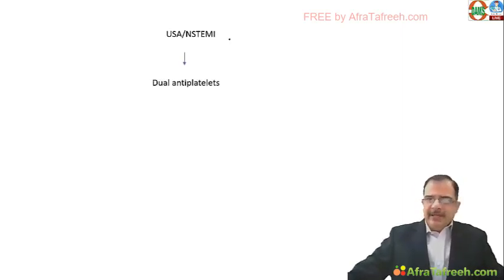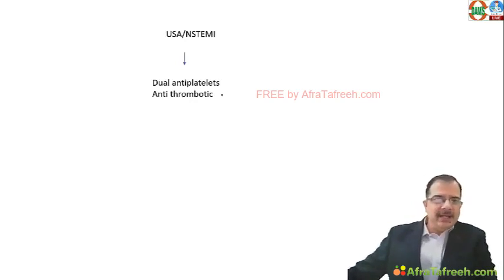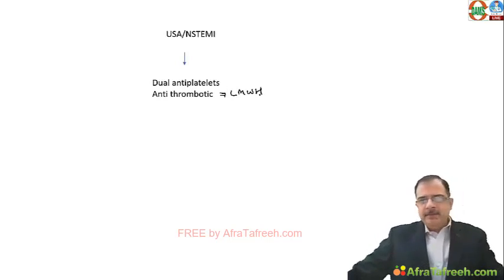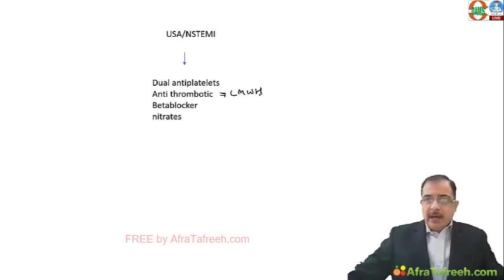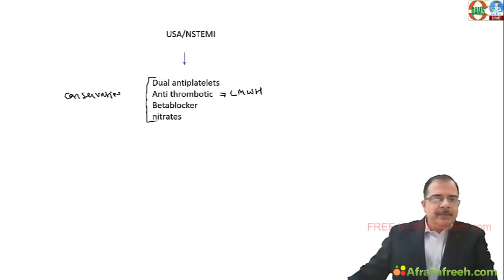So we give 4 agents simultaneously: dual antiplatelets, antithrombotic agents like low molecular weight heparin, a beta blocker, metoprolol, or any other like carvedilol, and nitrate, yes, sublingual nitrate, or maybe intravenous nitroglycerin can be given. So it is a conservative treatment, mainly conservative management.